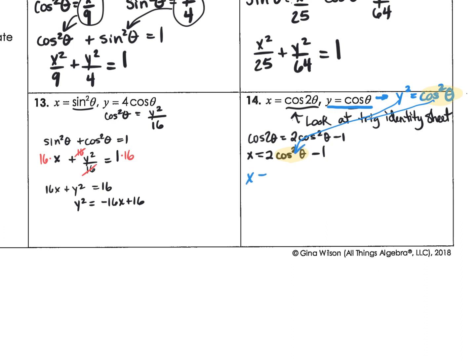We would get x equals 2y squared minus 1, wouldn't we? Could we solve that for y squared? Yeah. We get 2y squared equals x plus 1, don't we? And then y squared is equal to 1/2 (x plus 1). And that, I believe, is how we used to write the equation for a parabola.